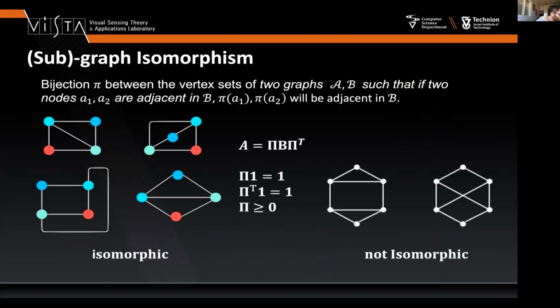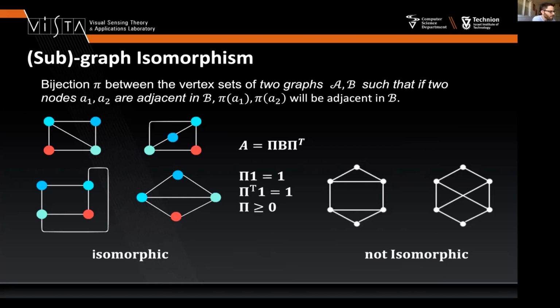So let me define now what a graph isomorphism is. Graph isomorphism is one way to define the problem of matching between two graphs. For example, in the reverse engineering case, I have some sub-circuit that is represented as a subgraph, and I want to classify it based on some graphs in the library.